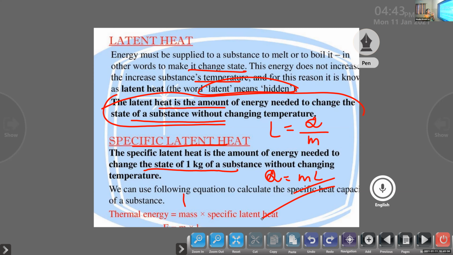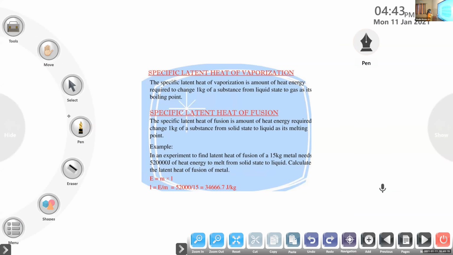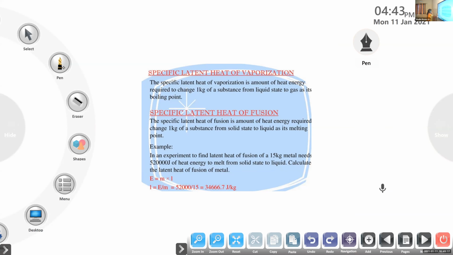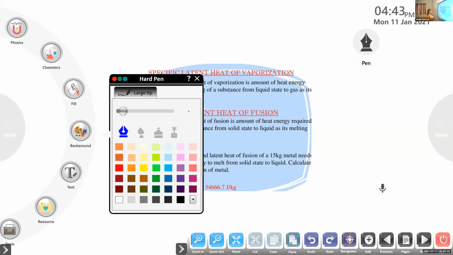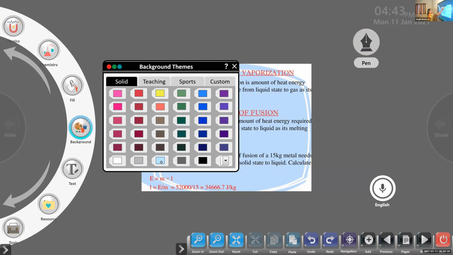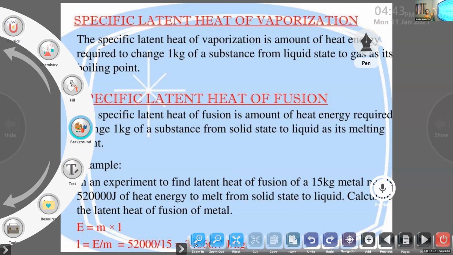In the case of latent heat, we have two types: latent heat of vaporization and latent heat of fusion.